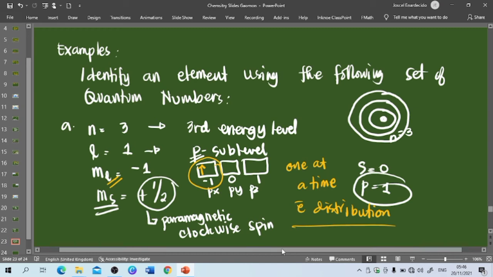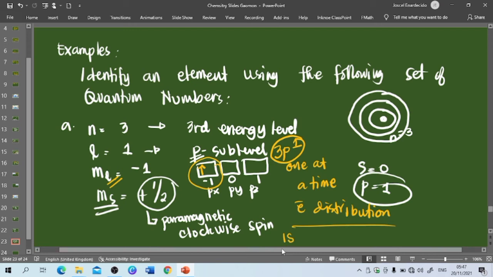So therefore, we can conclude that the last orbital is found in the p sublevel, particularly in the third energy level with only one electron. So what we're going to do is distribute its electrons using the electronic configuration.